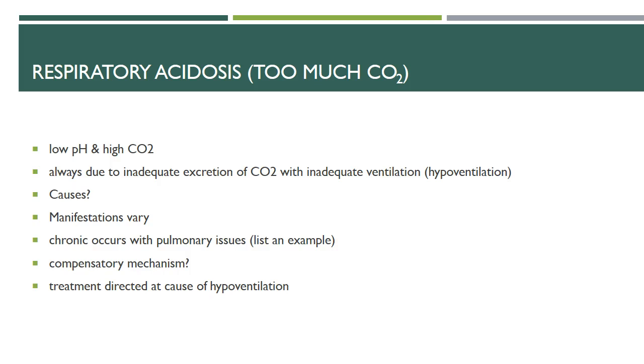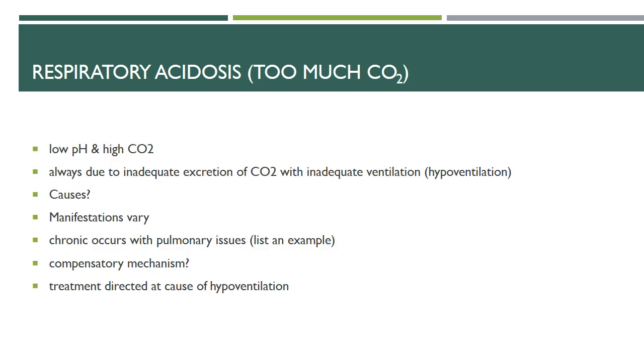Your pH is low, your CO2 is high. It's always going to be due to hypoventilation, so you don't excrete the CO2 correctly. What causes it? Sedative overdose, foreign object aspiration, diaphragmatic paralysis, COPD exacerbation, anything that impairs respiratory muscles.